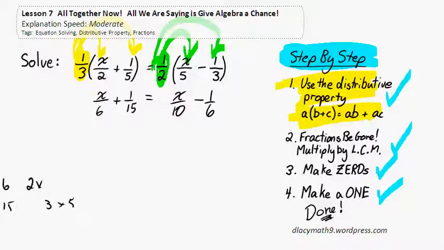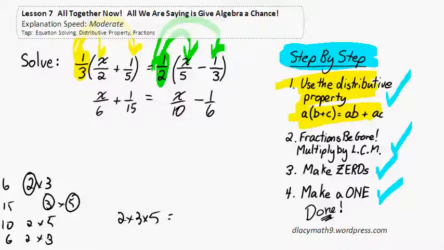That's a 3 there, not a 6. 10 is 2 times 5, and we've already done 6 once before. So what you have to do is simply pick the factors out of them. 2 times 3 times 5 is 6 times 5 is 30. That's the lowest common multiple, and that is the number that we need to multiply both sides by.